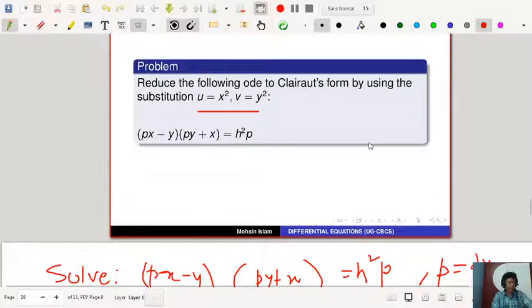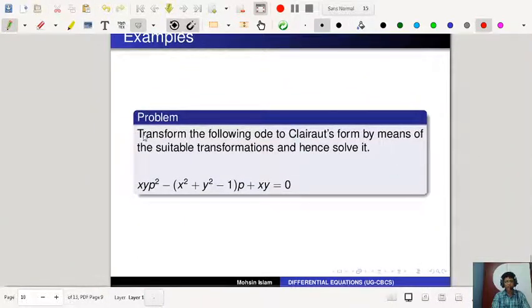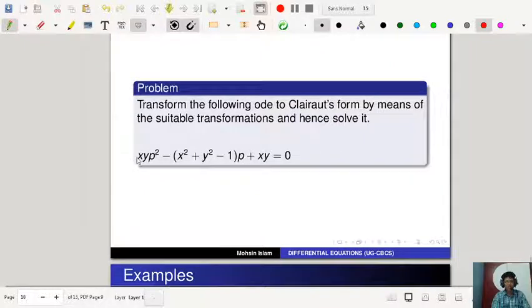Let's have another problem. Problem number 2. Transform the following ODE to Clairaut's form by means of a suitable transformation, and hence solve it. So you have xy into p square minus x square plus y square minus 1 into p plus xy equal to 0.